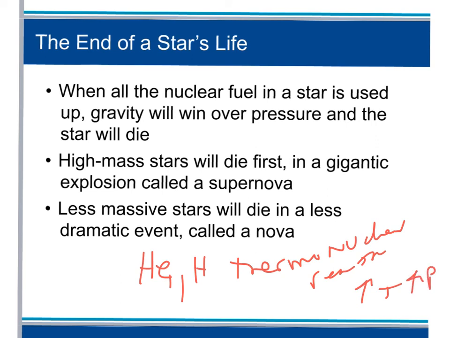We said that when hydrogen is depleted, the star dies, and that's the first to go. We see all these hydrogen reactions creating helium. When there's no more hydrogen left, it can't create any more helium, so the star ends up dying.